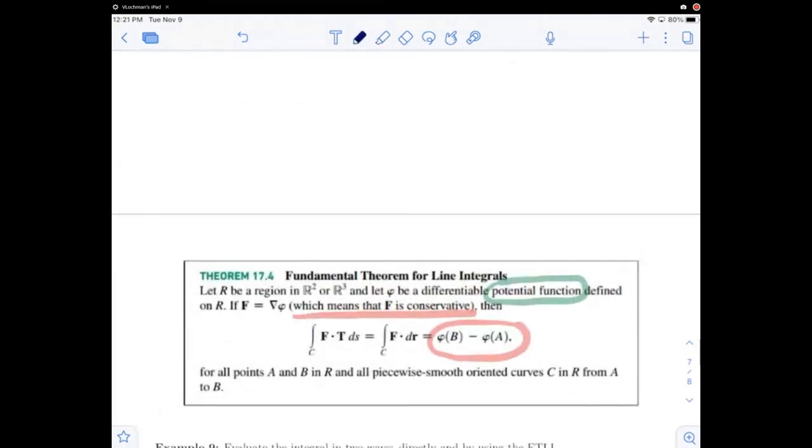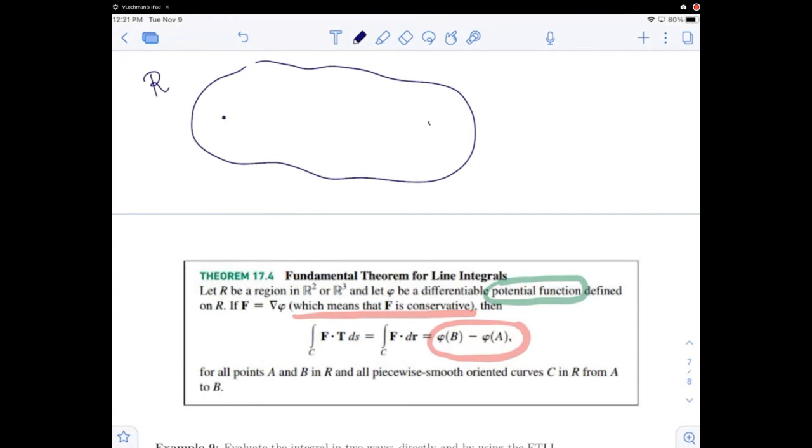All right, so let's say this is our region R, okay, and we have 2 points, A, B, okay. Our curve goes from A to B, it could look something like that. Okay, so A is the starting point, B is the ending.